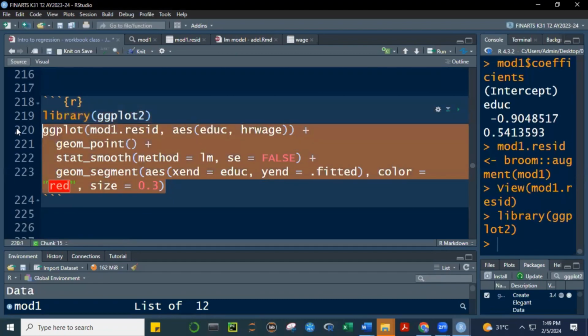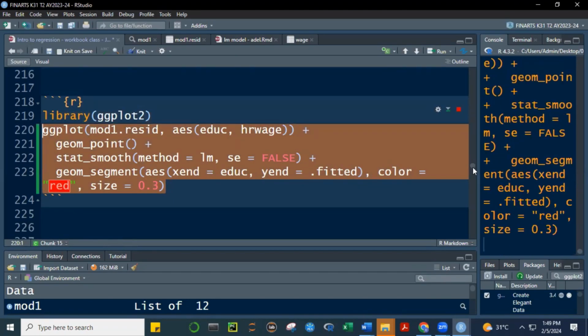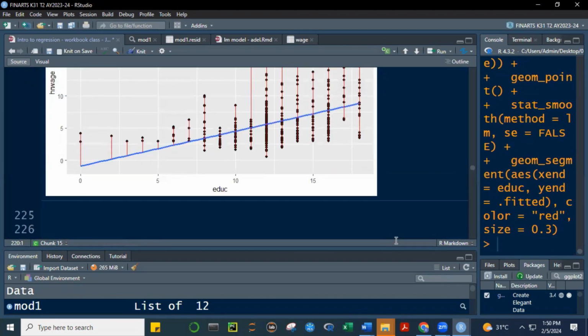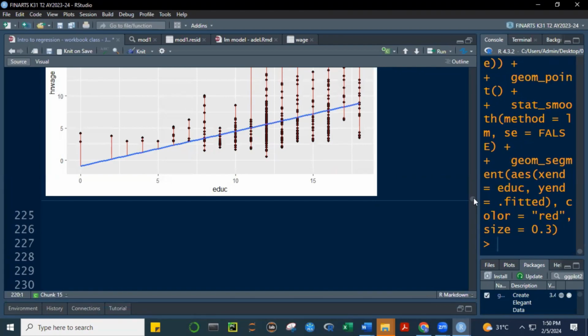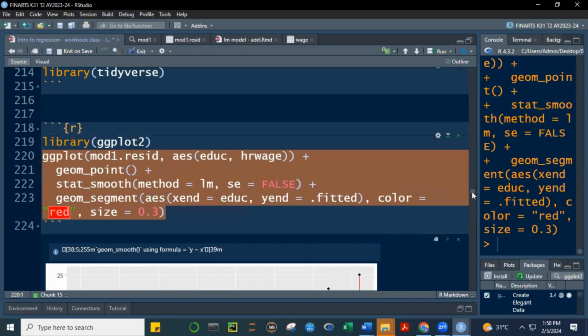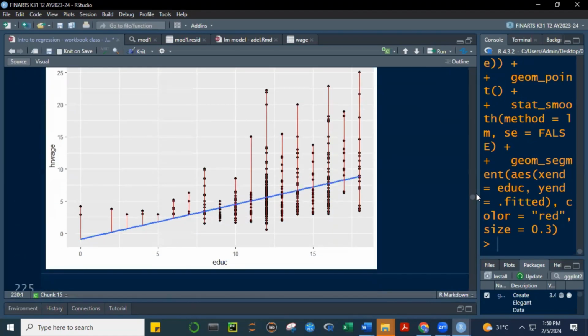So if I run this, this is how powerful ggplot2 is. Okay, did you get this, class?